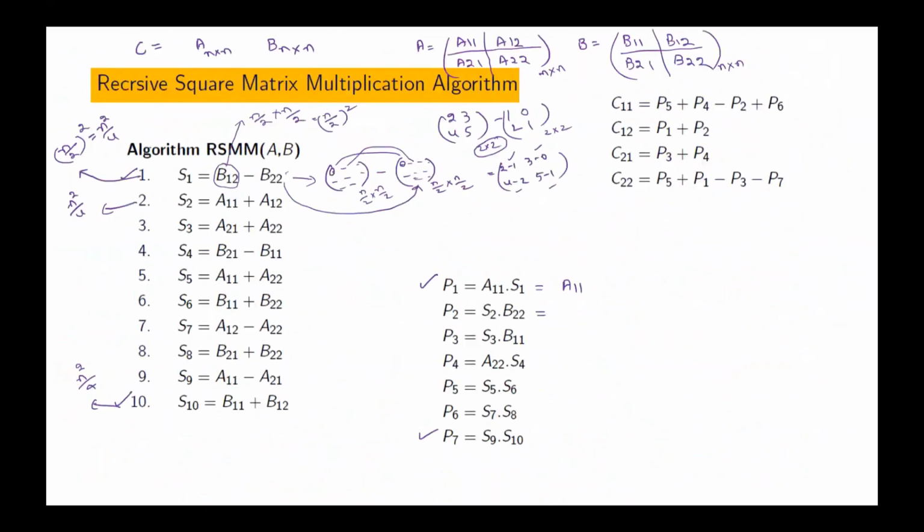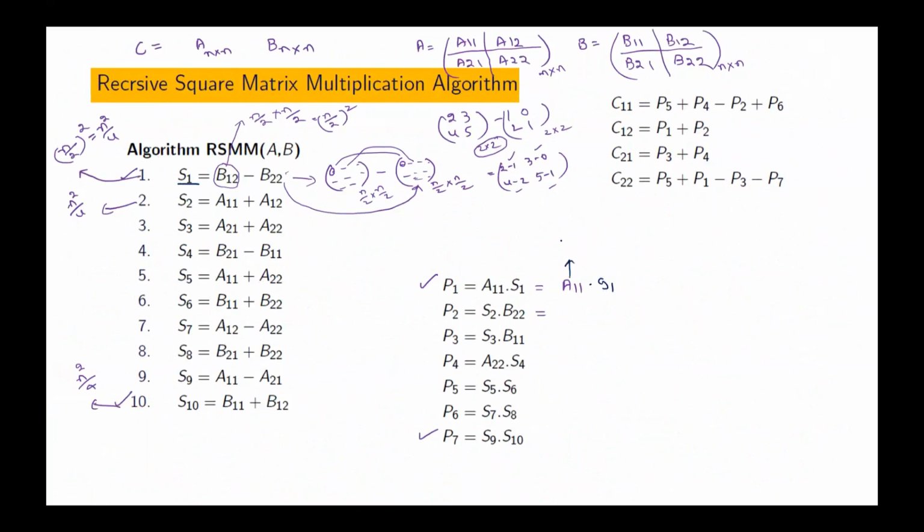Okay. So what is the time? This is A11 into S1. S1 we have already calculated, no? S1 directly we can use this value, no? Why do it again? S1 is here. Now is this a multiplication or not?